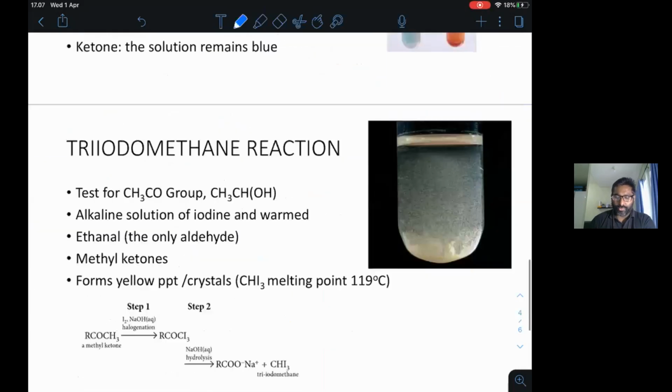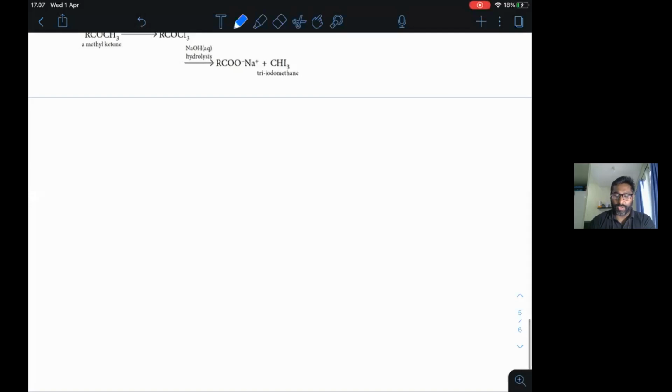So if I redraw this molecule, I will have something like this. This is carbon number one. You have NO2, and then another NO2 here. 1, 2, 3, 4. At the fourth position, you have nitrogen.